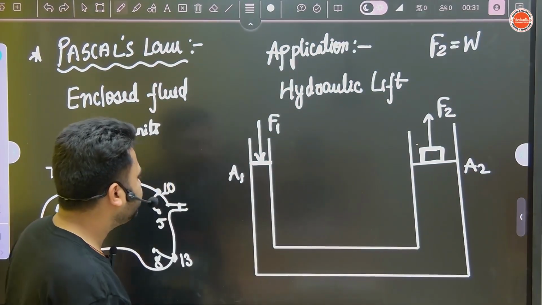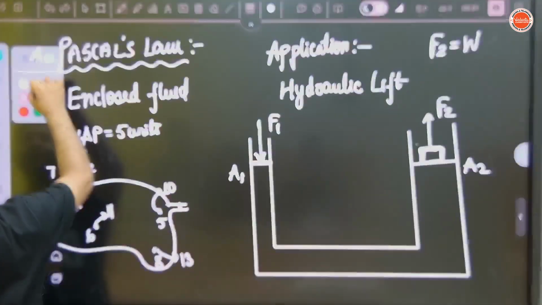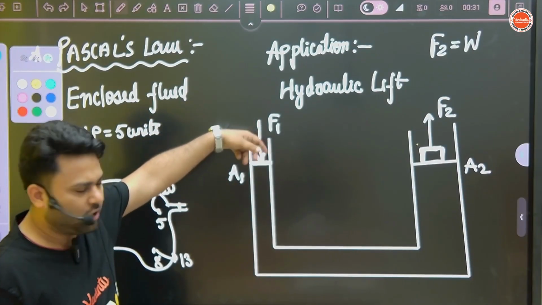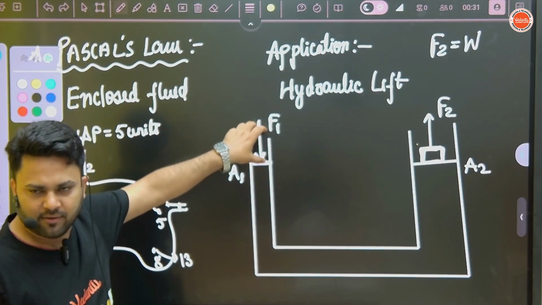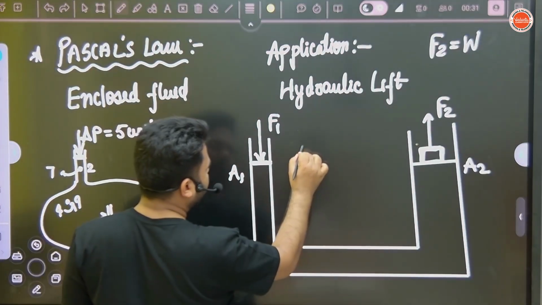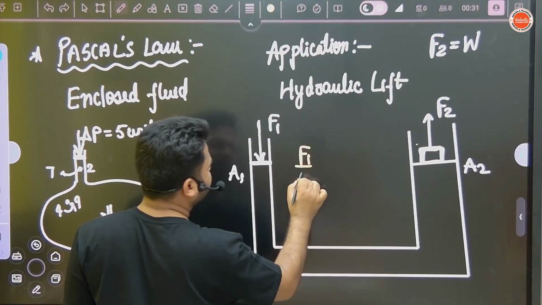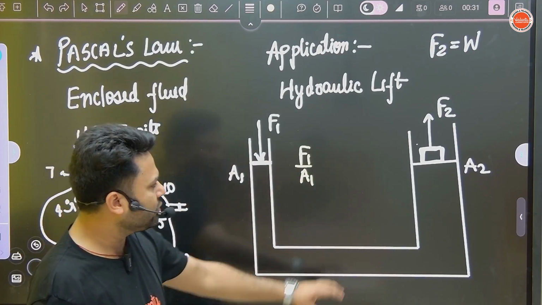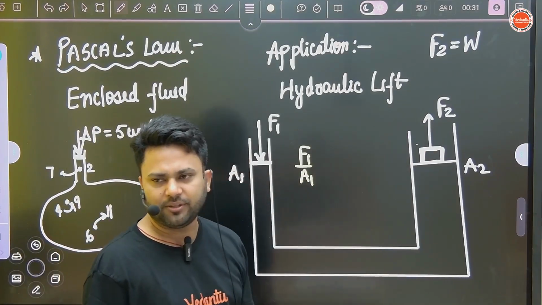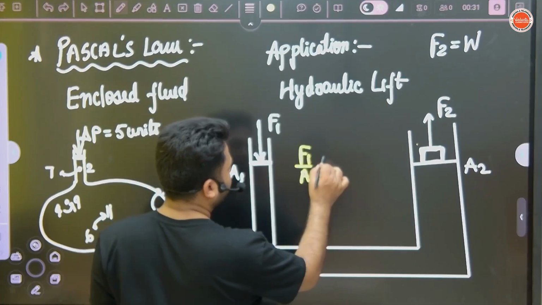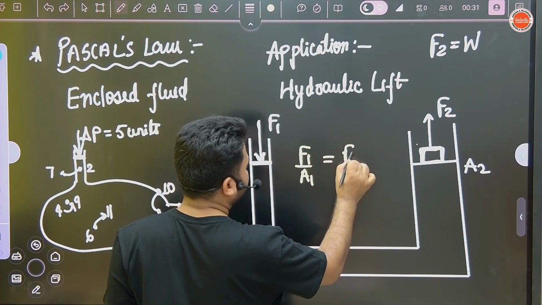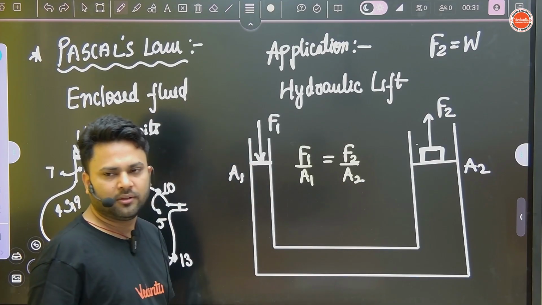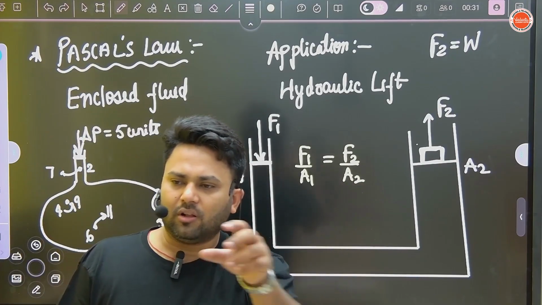What I am saying, see, according to Pascal's law, you are applying extra pressure. How much? Pressure is force divided by area, F1 by A1. You are giving extra pressure F1 by A1 here. So here also extra pressure will be created. How much? Pressure is force divided by area. And this pressure should be the same. I told you Pascal's law. Same pressure will travel to all the points.